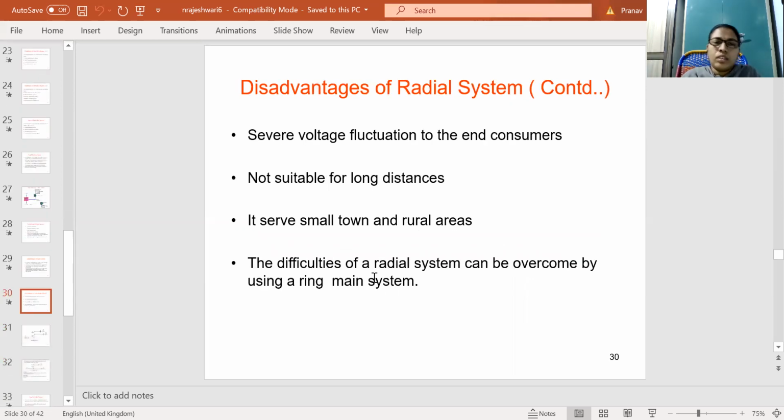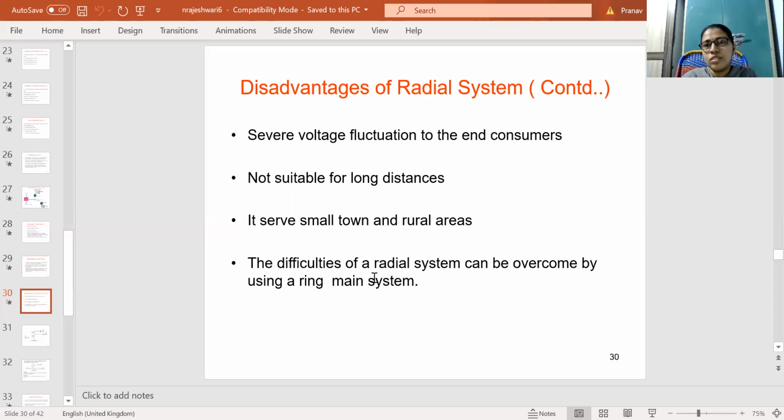And one more disadvantage is severe voltage fluctuations to the end consumers, and it is not suitable for long distances, and it serves small towns and rural areas. The difficulties of radial system can be overcome by using ring main systems. So these are also some of the disadvantages of radial systems.